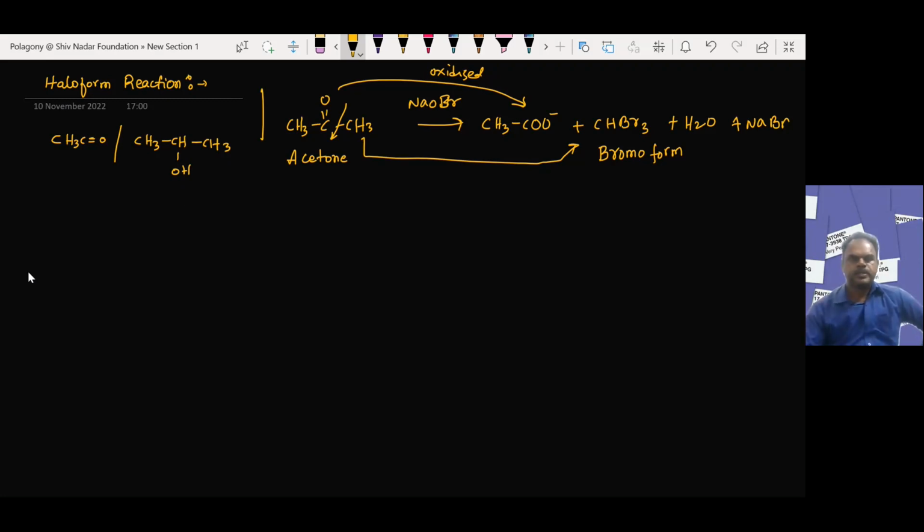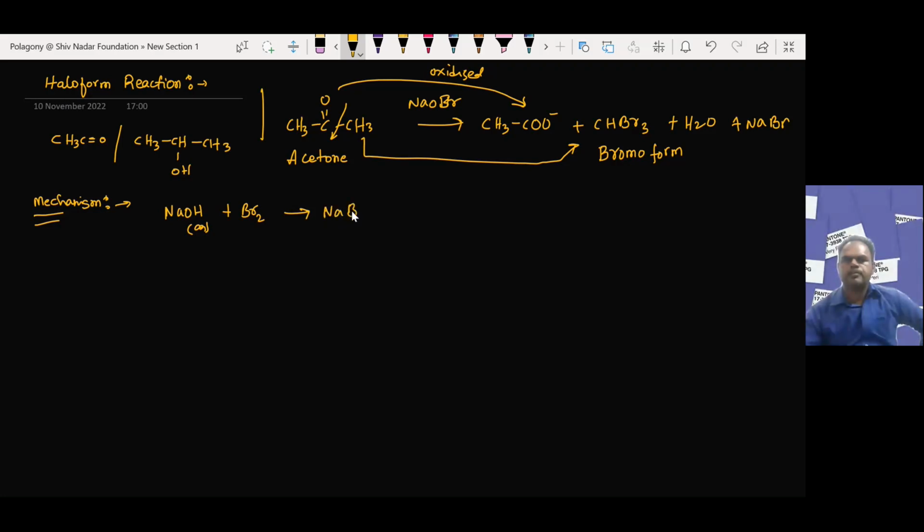Let us see the mechanism of the reaction. So what mechanism does it follow? When an aqueous solution of sodium hydroxide reacts with liquid bromine, it undergoes a disproportionation reaction.